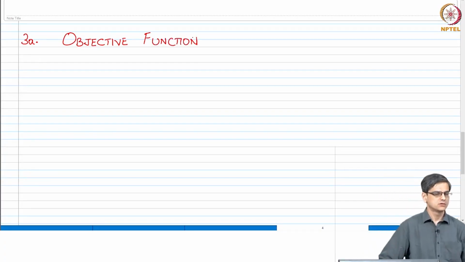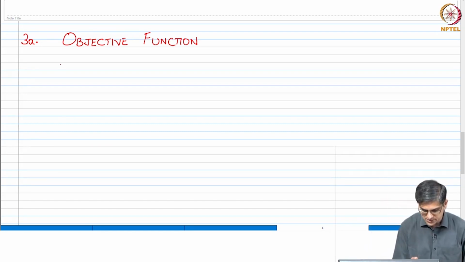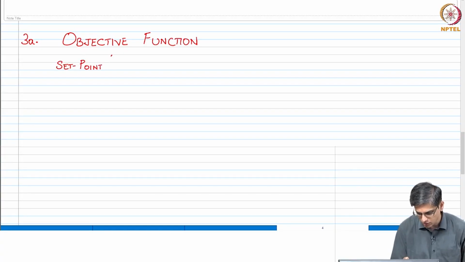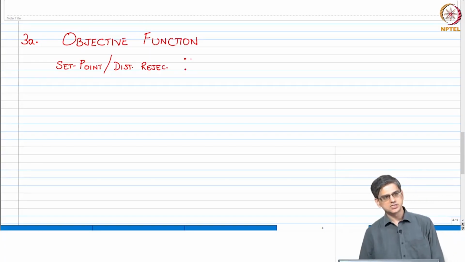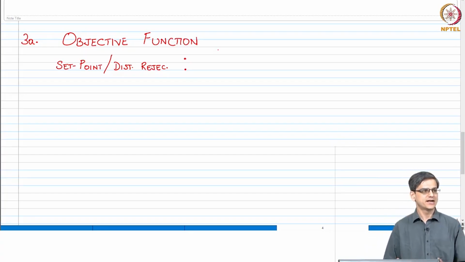And 10 days back we had talked about what objective function means and what type of objective functions are most common. Okay. So, the most common problems are going to be set point tracking problems, or disturbance rejection. Okay. In those cases, what we want to minimize is a quadratic objective.